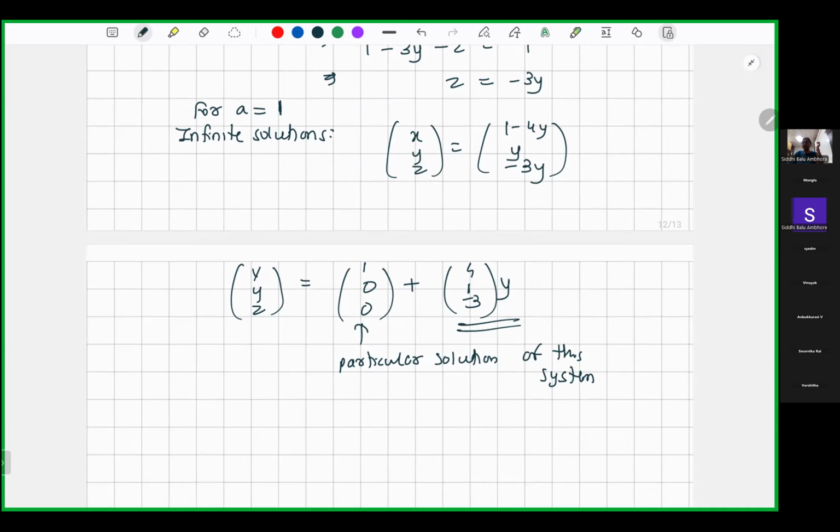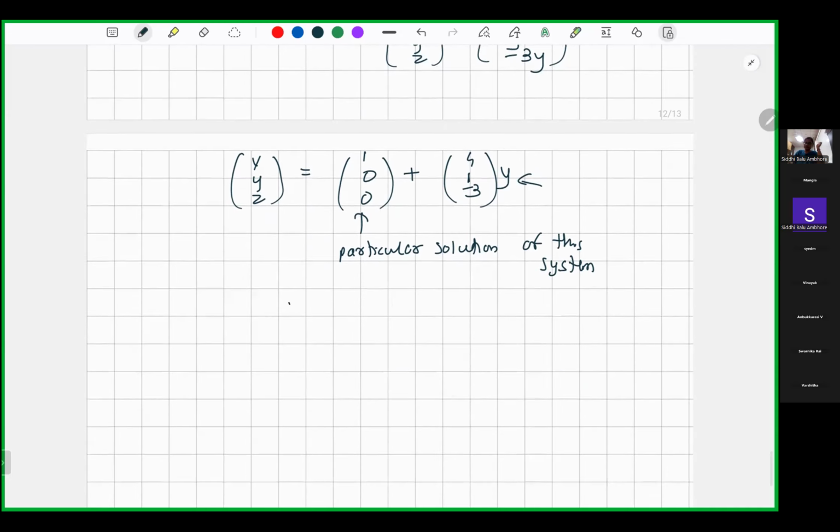And the moment I vary this y here, I will be getting infinitely many solutions to this system of equations. And this here is exactly what we say. This is a solution to this system where this A is similar to the A which we have had so far.